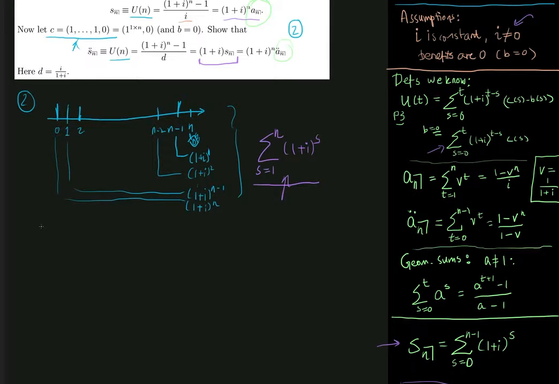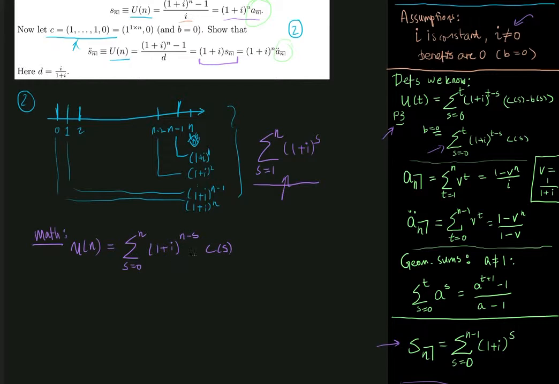So let's see. Math. Let's take a look at u of n by considering the formula from page 3 again. So I take the sum from s going from 0 all the way to n, of (1+i) to the n minus s power multiplied by c of s.